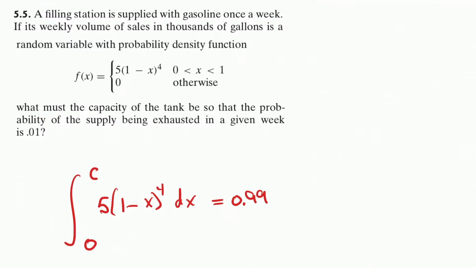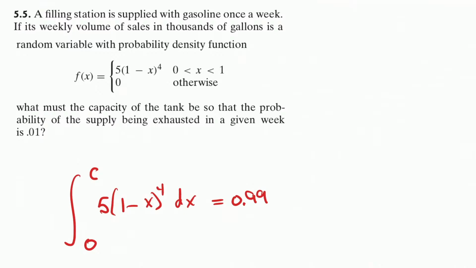So this is the probability that you will use between 0 and whatever C is, the capacity. And so if the probability of you running dry is 0.01, then the probability of you not running dry, that is having enough to cover however much you're going to use, is 0.99.